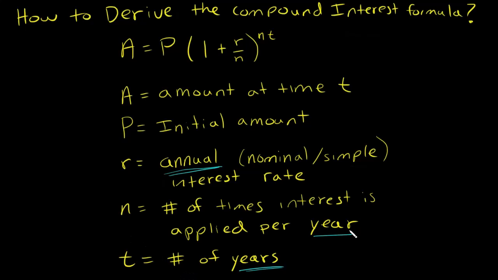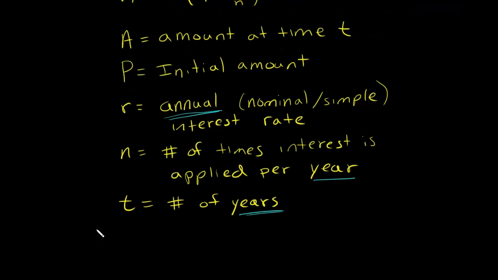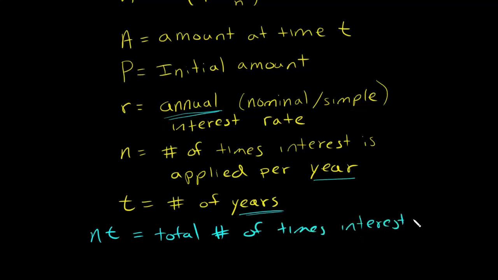Okay, N times T, let's talk about that briefly, because that's a really important concept to deriving the formula. N times T is the total number of times interest is applied in T years. To think that through, consider a simple example.